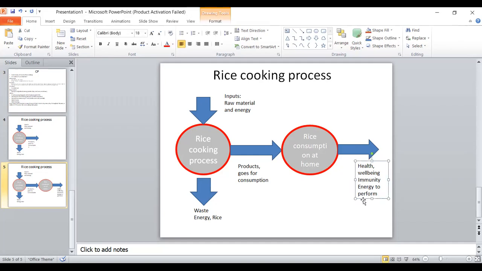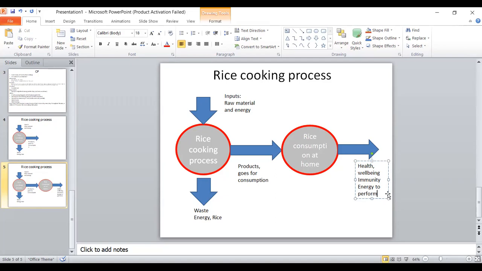So when you consume, the nature is wonderful. It is not talking about health and well-being, but it's talking about hunger. Hunger is a signal you are receiving, and you are taking food.